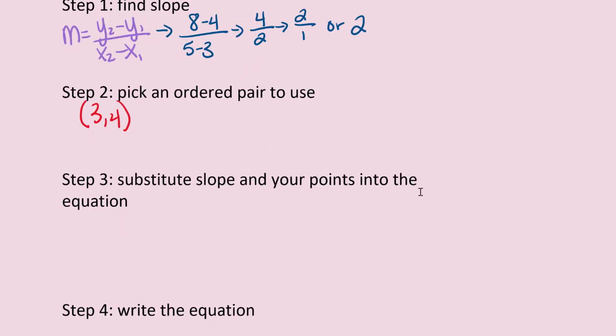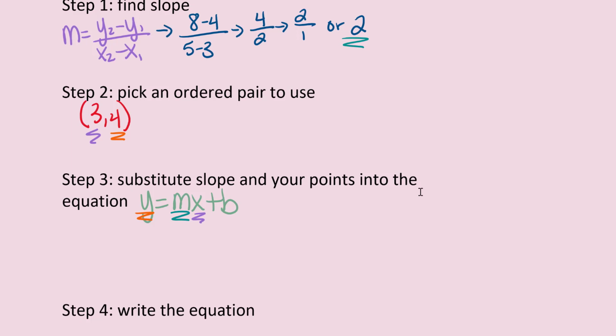And we're going to substitute this slope and the point that we chose into our slope-intercept equation. So again, remember y equals mx plus b, where y is the y value of our ordered pair, m is the slope that we just got, and x is the x value of our ordered pair.